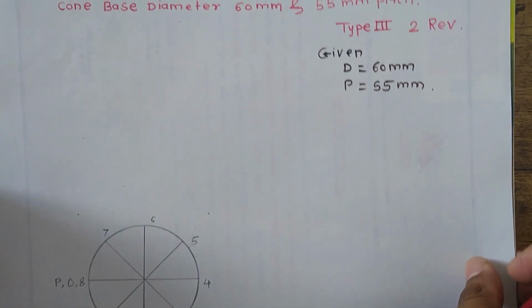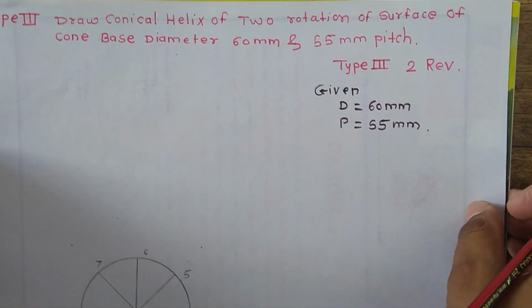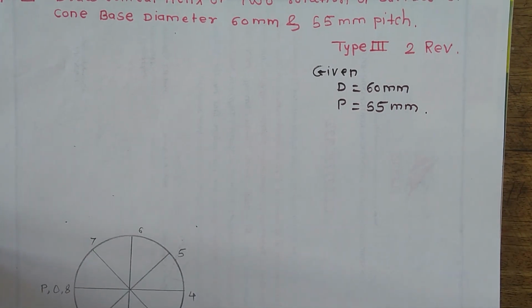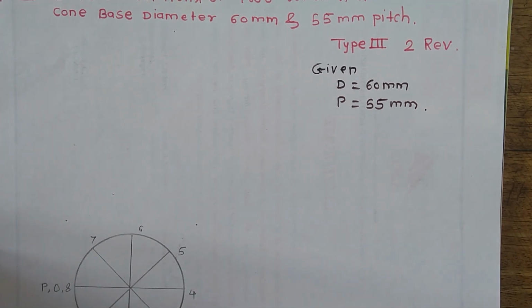Okay, so now in the problem statement they have mentioned that this conical helix or this cone is making two rotations. So for two rotations we have to give numbering for two revolutions. Here we have given for one revolution.